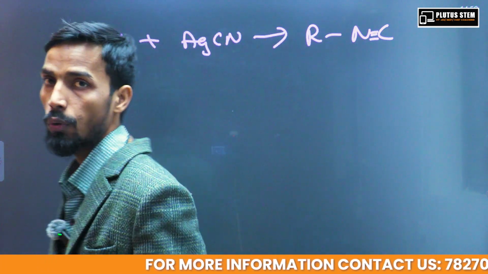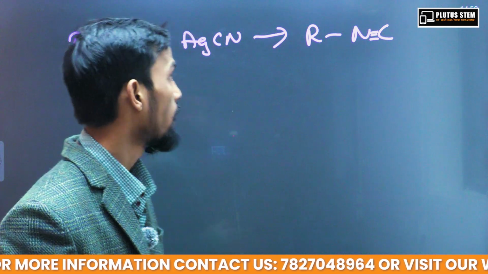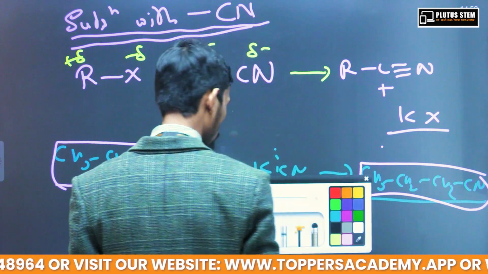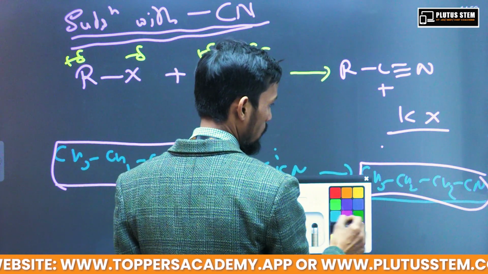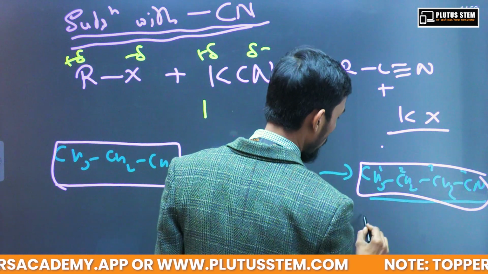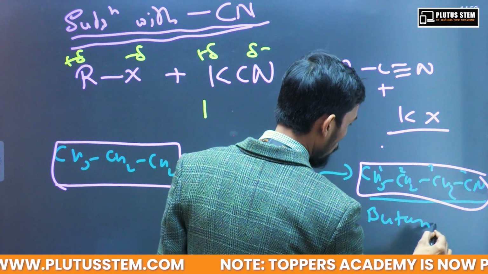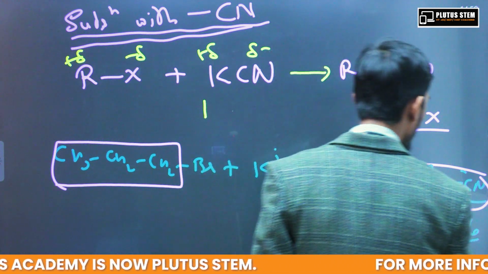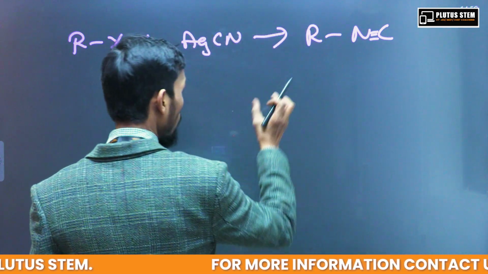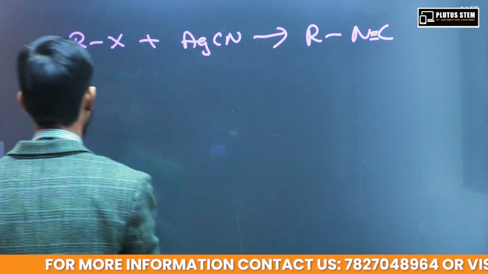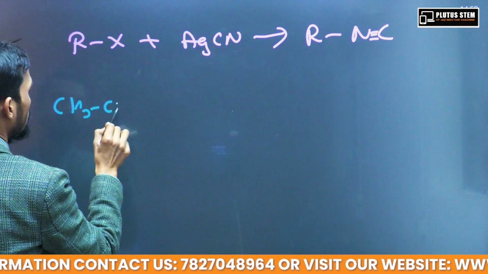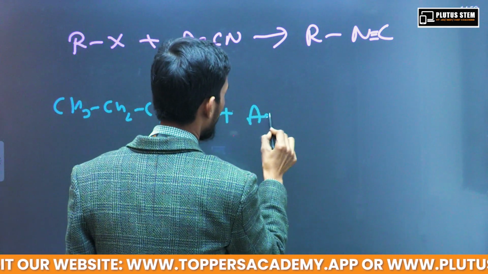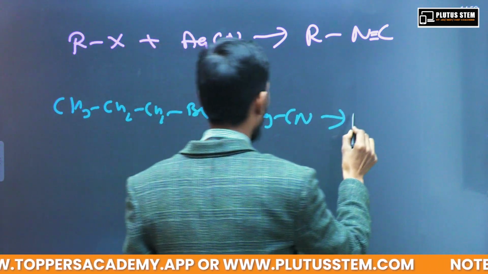The product which will be formed over here will be RNC, and if you name this compound, it is like methane, ethane, propane, butane, butane nitrile. So this will be like our alkane isonitrile.